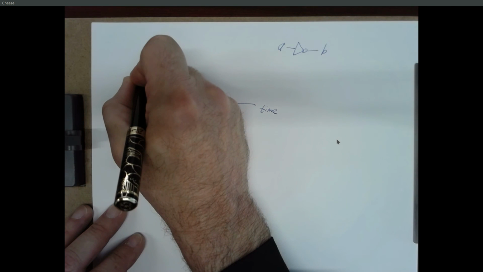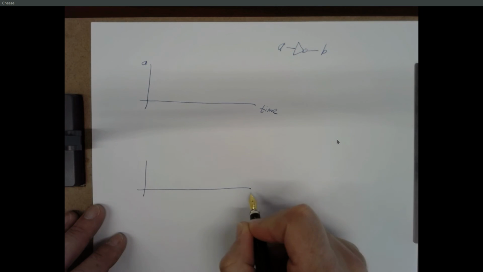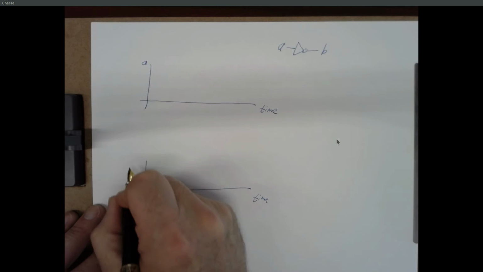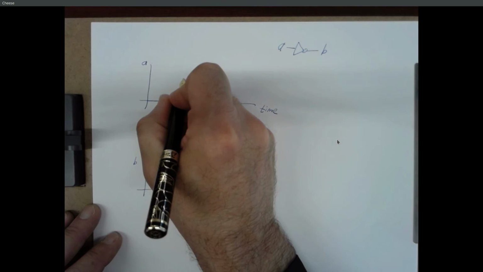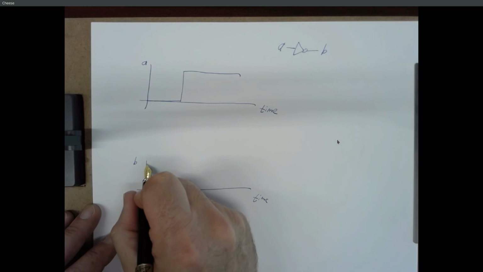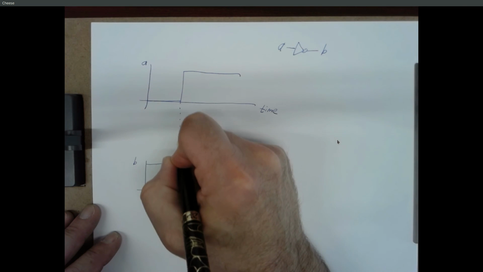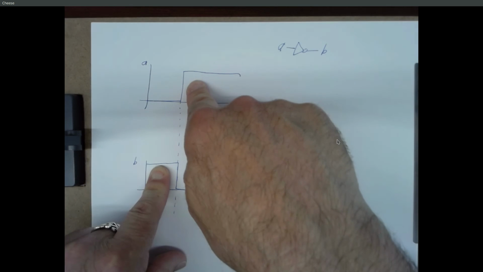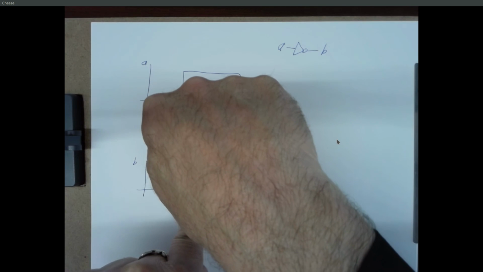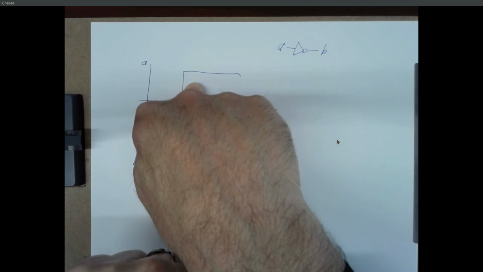And vertically, we're going to have the voltage of A. And let's draw the corresponding voltage of B. And if A changes from a 0 to a 1, B will change from a 1 to a 0. I'm going to draw this dotted line to show that those things are lined up. So A is 0, B is 1, A is 1, B is 0. Okay, that's the idea. That's not what happens in practice.